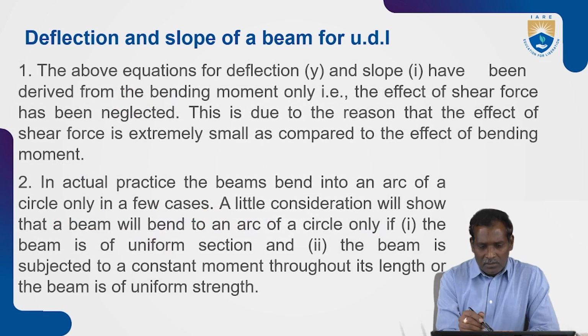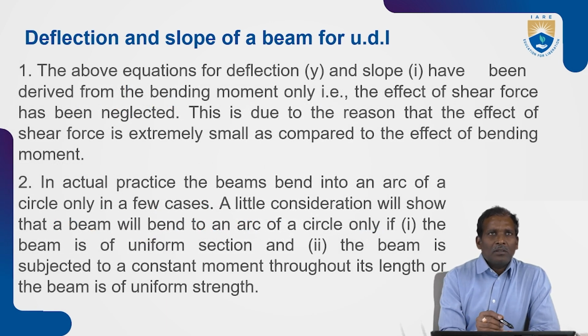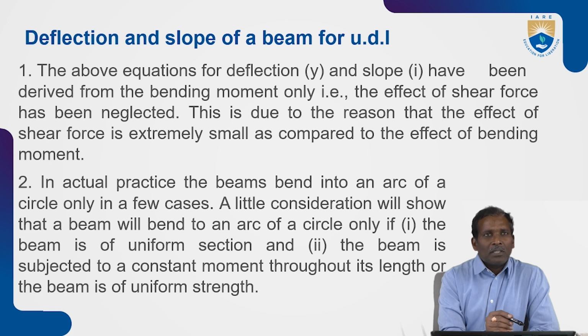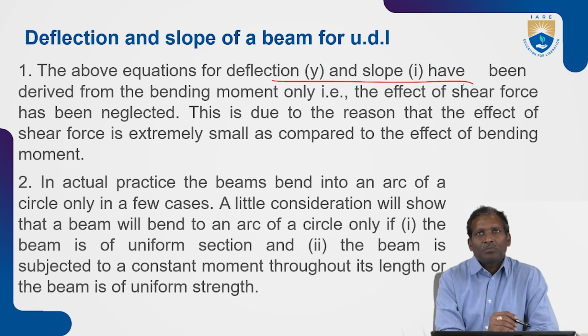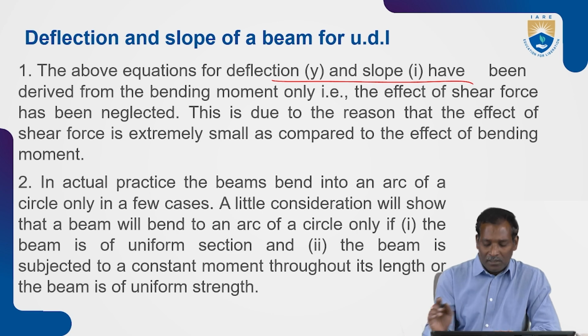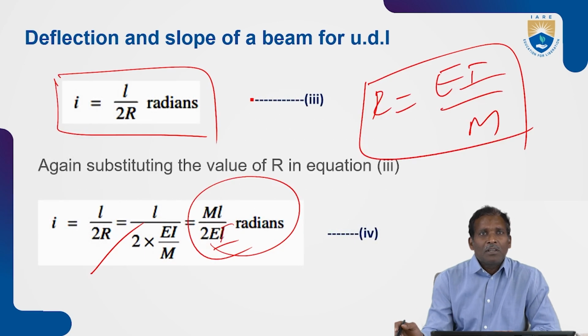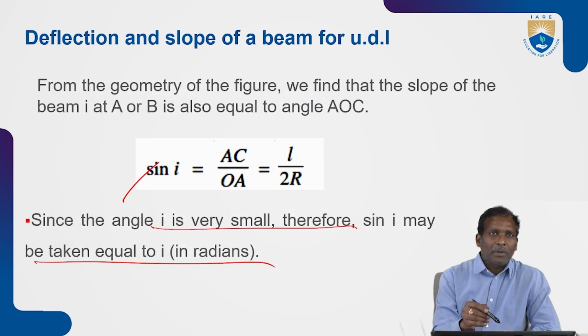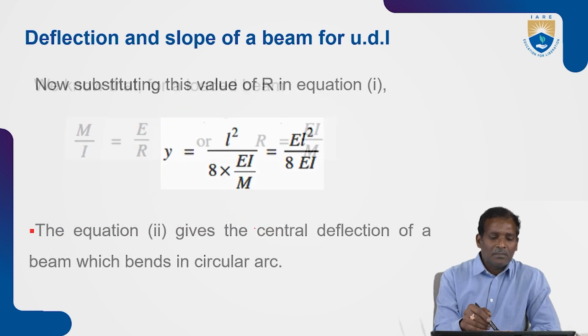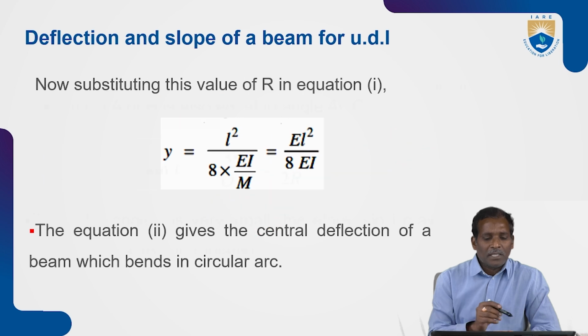In this, note down these two points, which are very important. The above equations for deflection y and slope I have been derived from the bending moment only. That is, the effect of shear force has been neglected. We have not considered shear force. Only the bending moment equation was taken to calculate the deflection and slope.